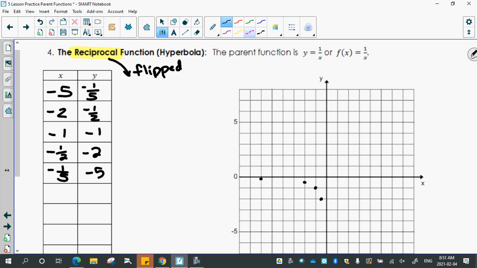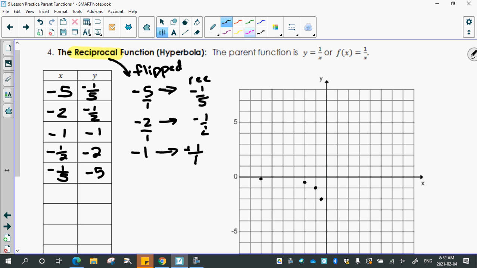So when you put -5 in, you take the reciprocal of -5, you're going to flip -5. It doesn't equal it, but the reciprocal, I'll put RCP over here, would be, because the denominator is 1, -1/5. If I put -2 in and take the reciprocal, I get -1/2. If I put -1 in and take the reciprocal, I would get 1 over -1, which is -1.